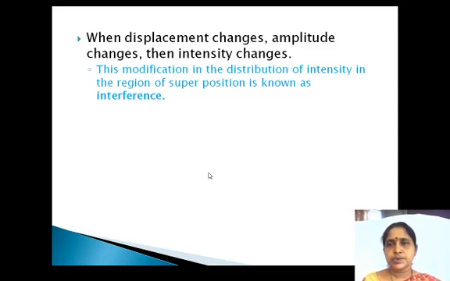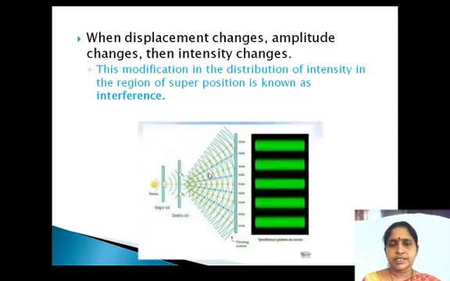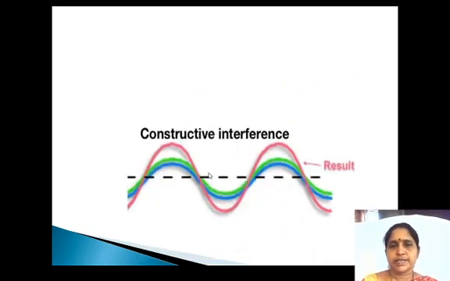When the two waves superimpose, the intensity changes as maxima and minima. So that is called interference. Interference means modification in the intensity: maxima and minima of intensity.